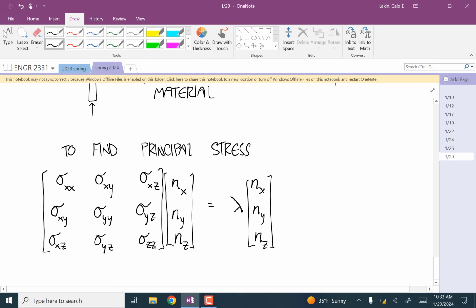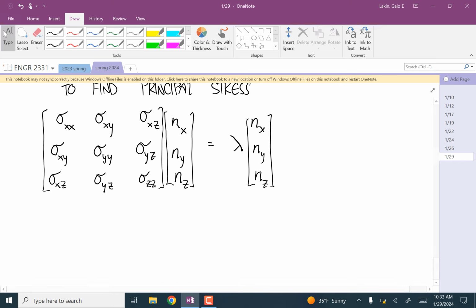So what we're saying is we're trying to identify a face, or we're trying to identify an axis where the traction is parallel to that axis. Okay? Like that's what it means to have a normal stress. So you can think of this as we're trying to identify a principal axis.